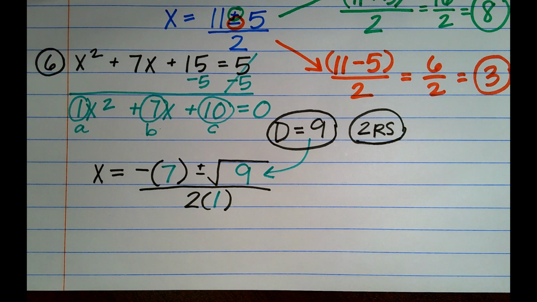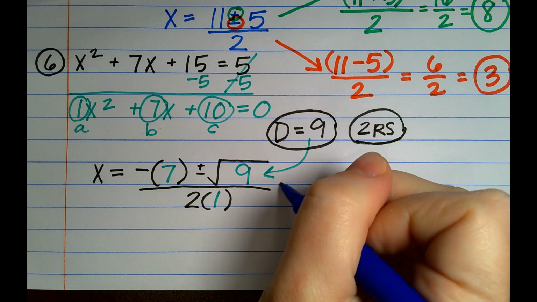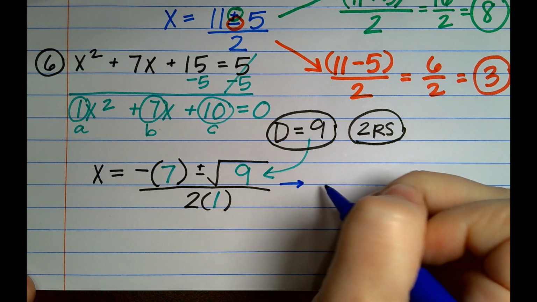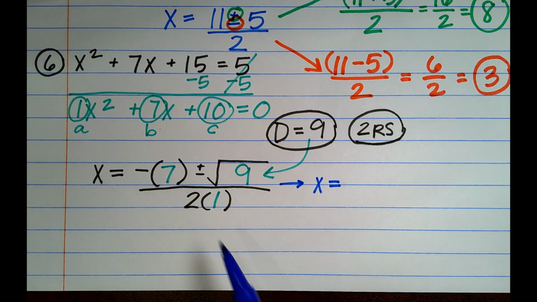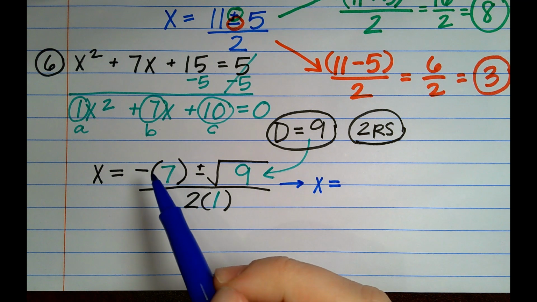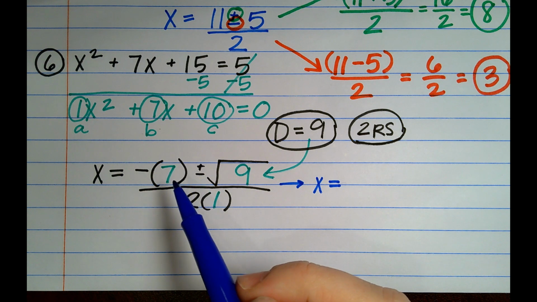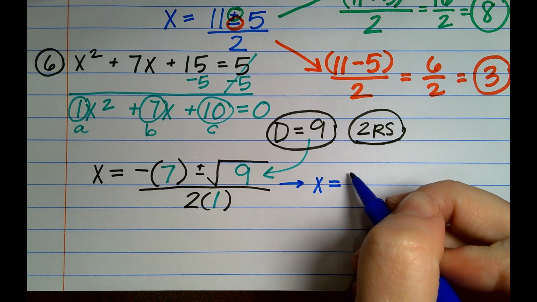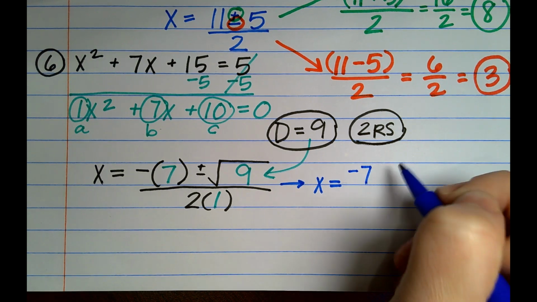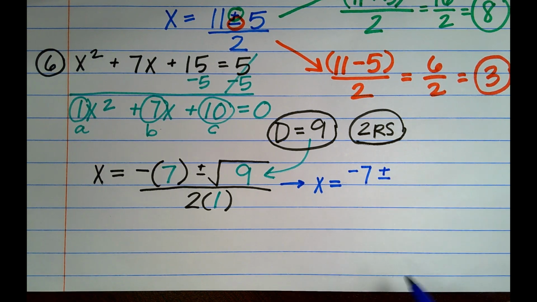So, bringing it to the next step, I will get x equals, I've got a negative sign, I've got a positive 7. What do I write after x equals? Negative 7. Good. Then we've got our plus or minus.